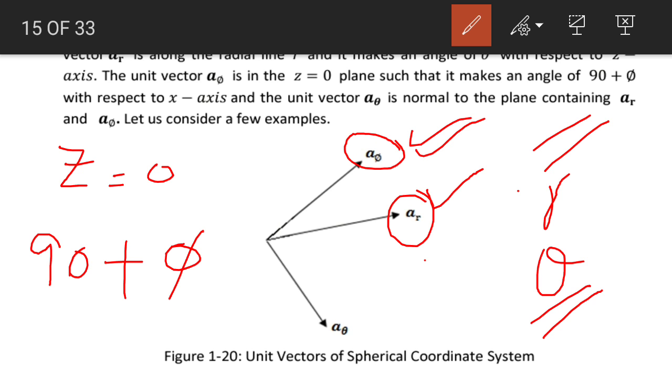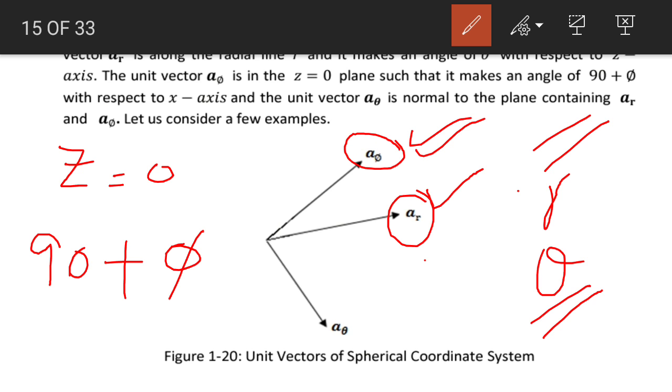So you know the location of the two unit vectors. The unit vector a_r will be along the radial line r. This unit vector will make an angle theta with respect to the z-axis. The unit vector a_phi will be in the z = 0 plane.